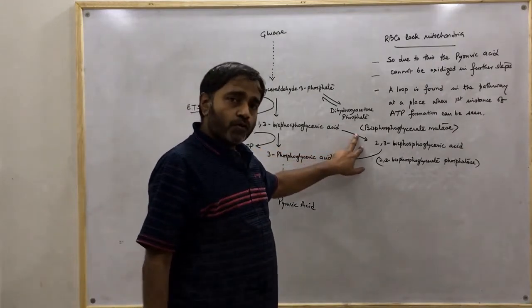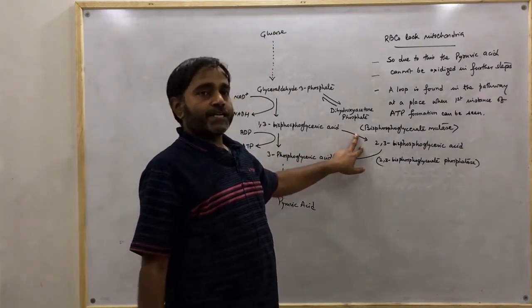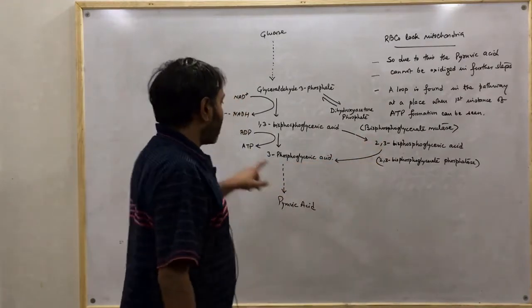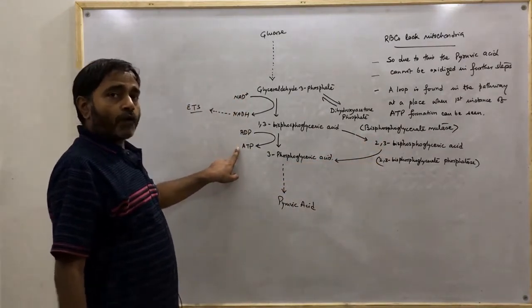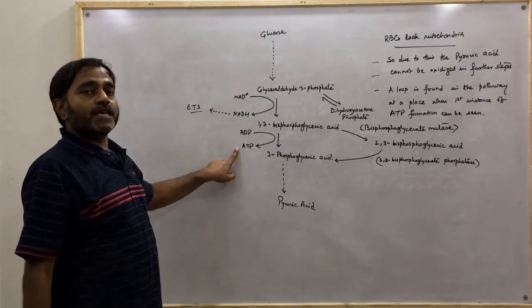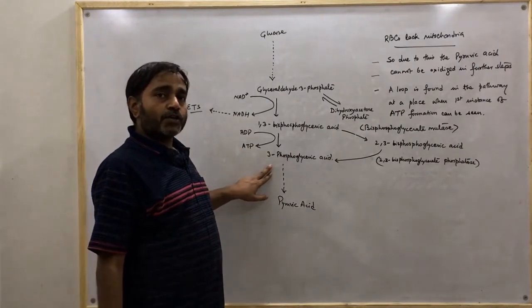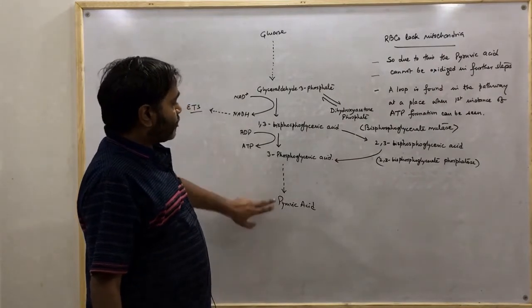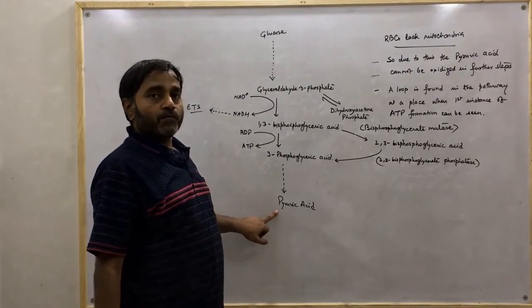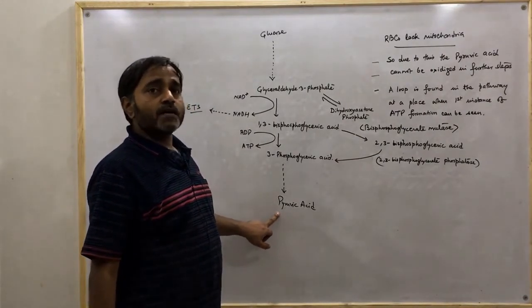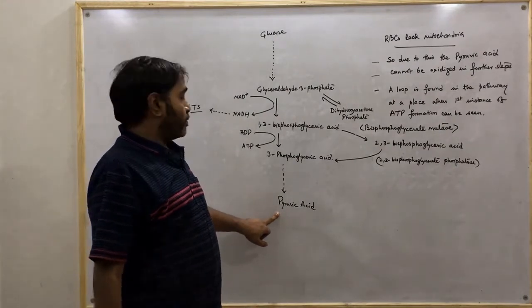So this is a sort of loop that occurs in erythrocytes, and due to this reason the first instance of energy generation is avoided. And what other thing is there in that sort of glycolysis? Finally pyruvic acid is formed, as normally occurs in glycolysis.